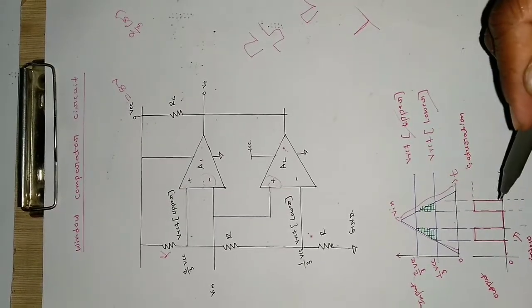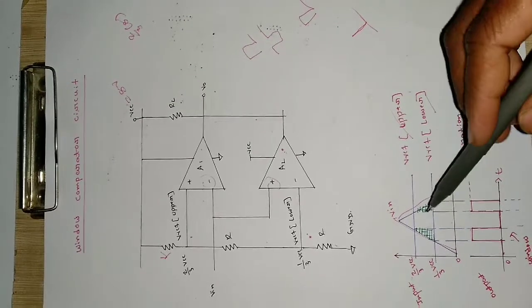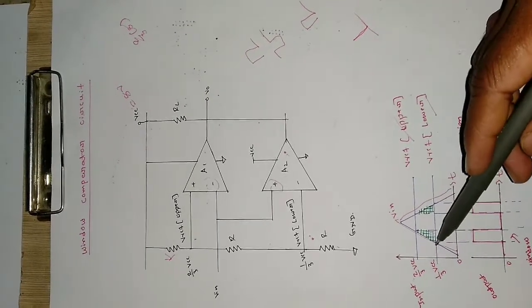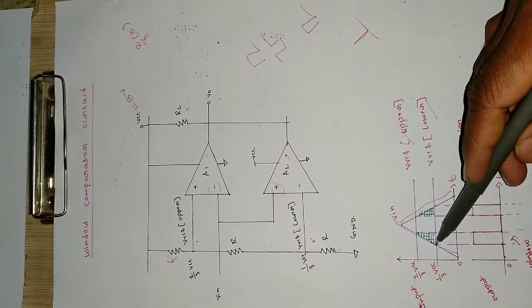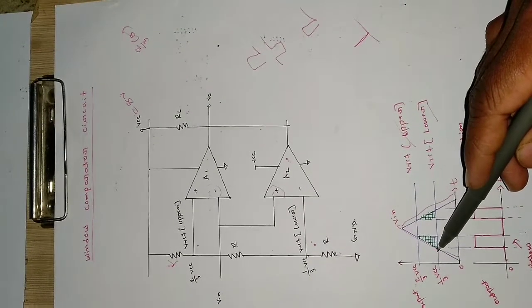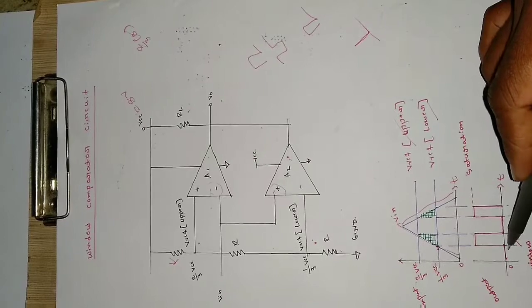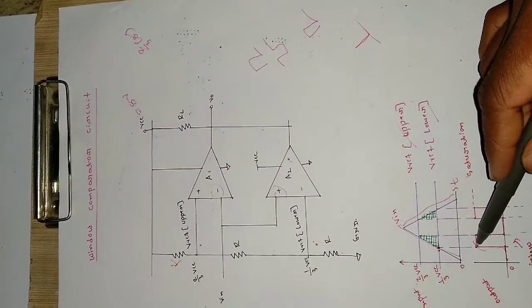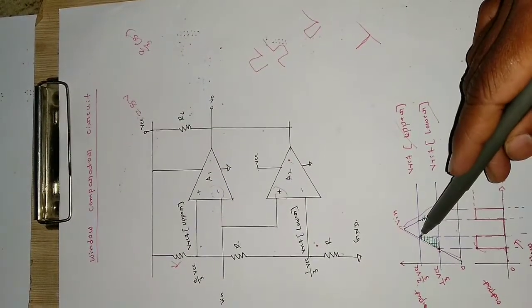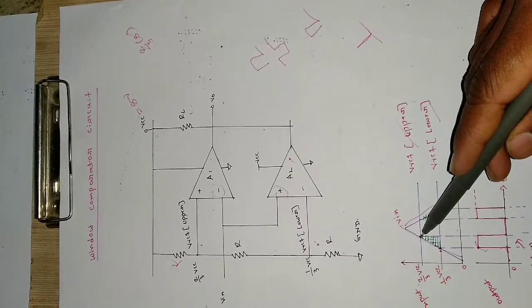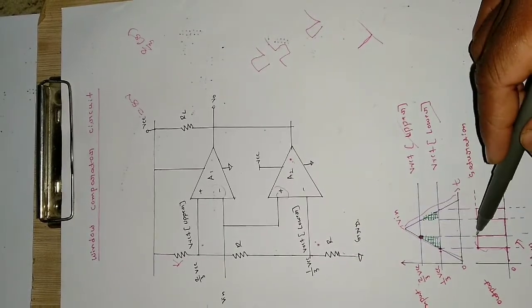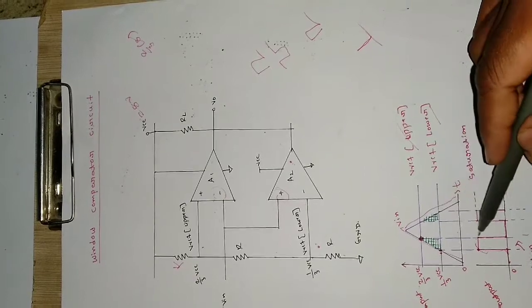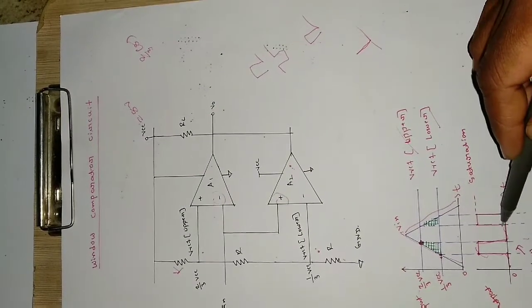What will happen here is, when the input is greater than one-third of VCC, the lower reference, the output is going to be positive here. So this is positive, and when it crosses two-third of VCC, then it will go negative again.